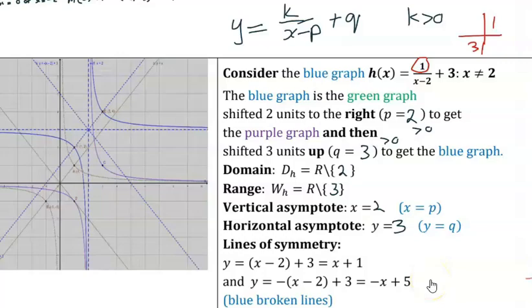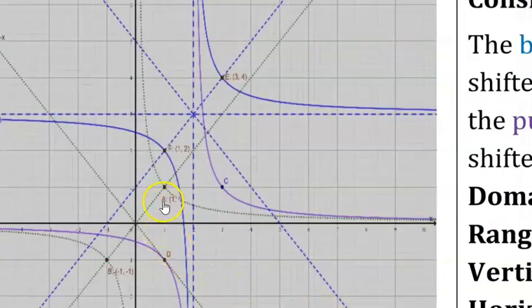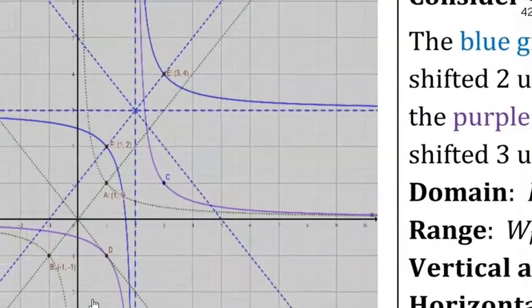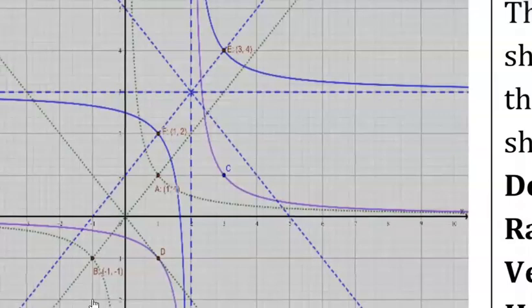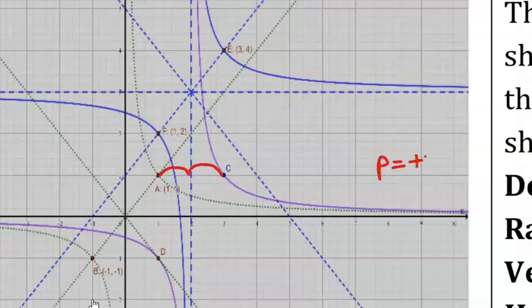If I look at my graph, this is my mother graph, the broken lines here. To get to the purple graph from the mother graph, I want to shift 2 units to the right because my p is equal to plus 2.